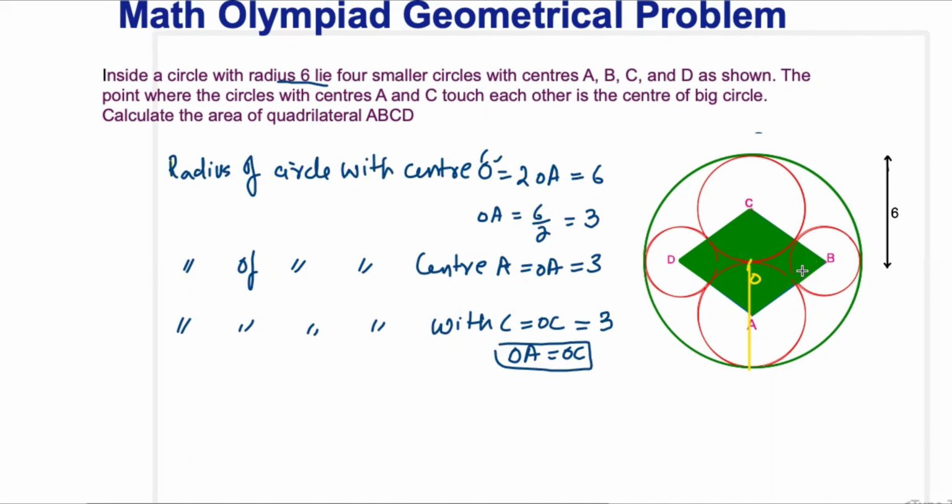Next, we have to find the radius of the circle with center B, and the radius of the circle with center D will also be R because these two circles are identical.